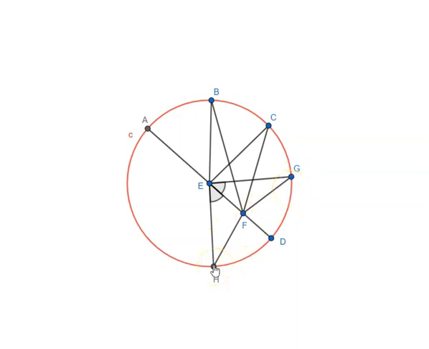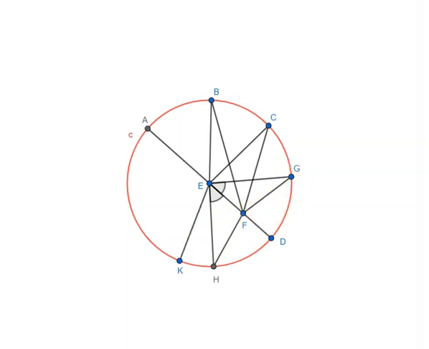We have to show that this is the only point which is equidistant from F apart from G. So let's assume the opposite. Let's say we have a point K which is equidistant from F, where FK is equal to FG.